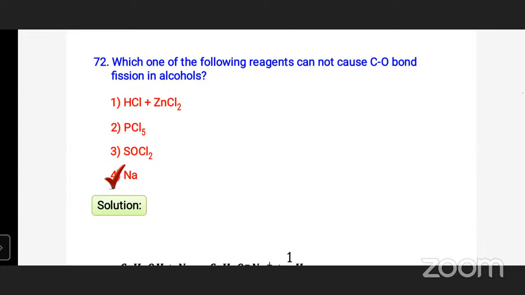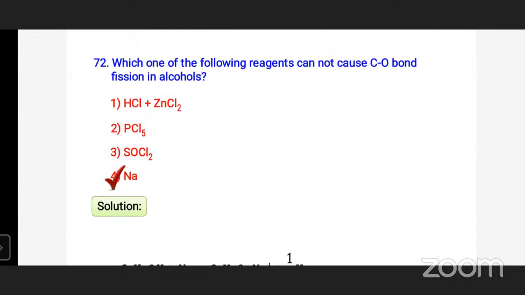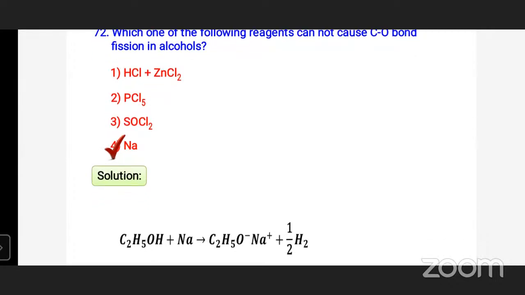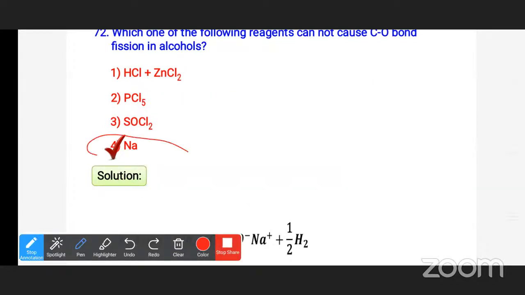Ethyl alcohol reacts with sodium metal to form sodium ethoxide and hydrogen gas is evolved, which is O-H bond fission, not C-O. So the fourth option, sodium metal, is the correct option.